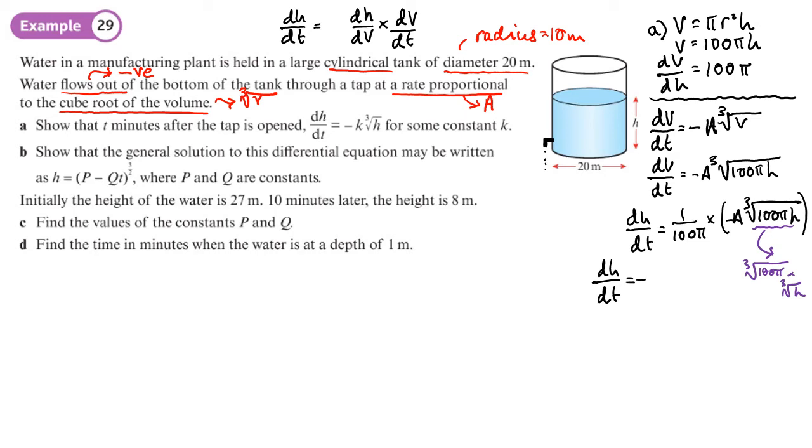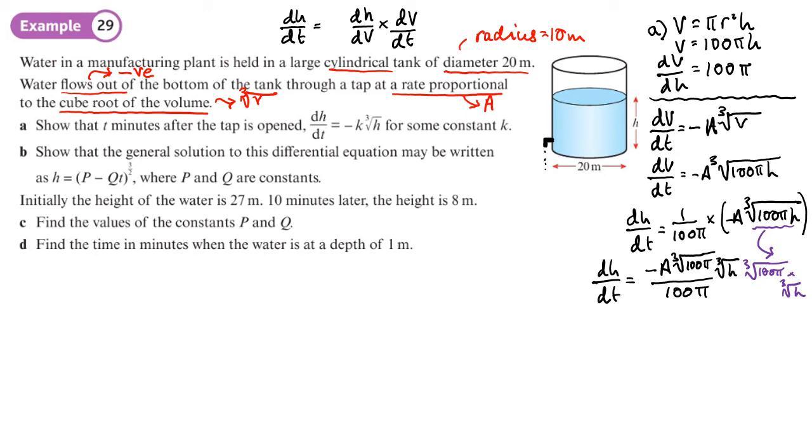So putting that all together, we'll get something like dh/dt equals negative A, and actually let's write the A at the top, so we'll have negative A cube root of 100 pi over 100 pi, times the cube root of h.